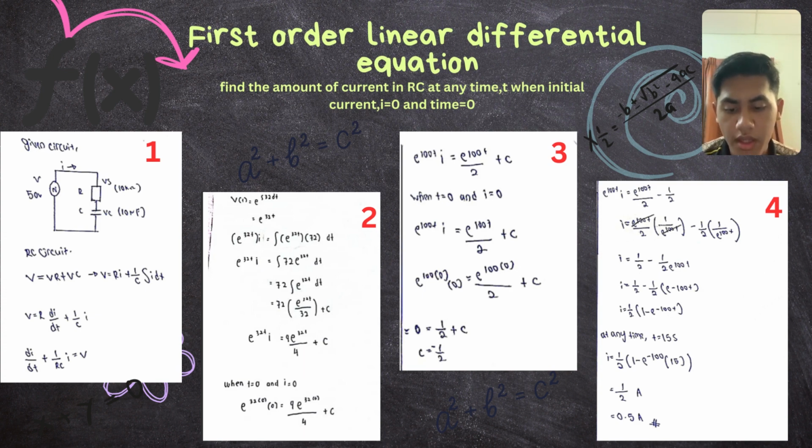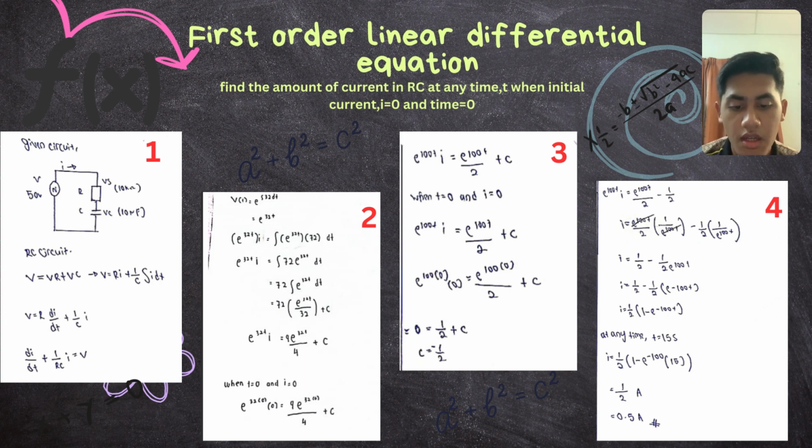Next, we integrate e to the power 100t times I, and then we get e to the power 100t I equals e to the power 100t over 2 plus c. Next, when t equals 0 and I equals 0, e to the power 100t I equals e to the power 100t over 2 plus c, and then we get c equals negative 1 over 2.